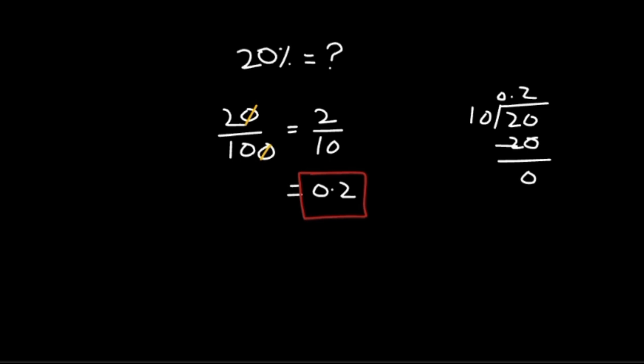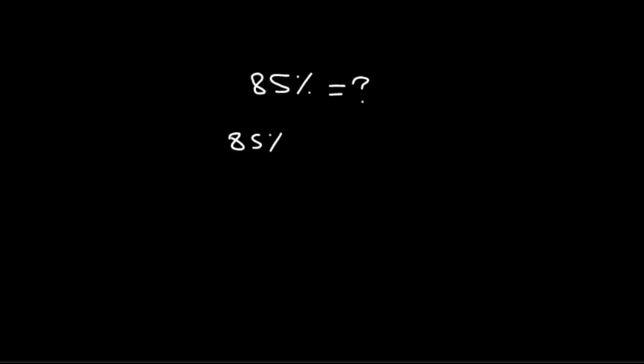For the sake of practice, we take another example. We have 85% and we need to convert it into decimals. So 85% is equal to 85 over 100.